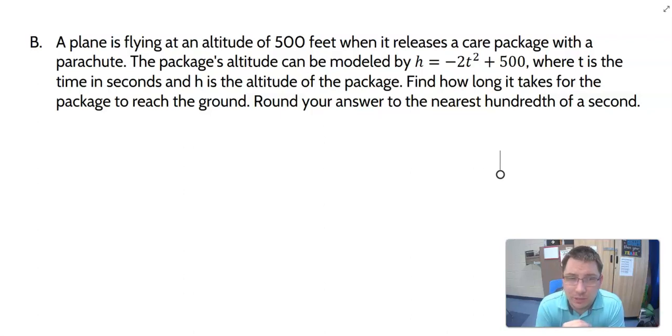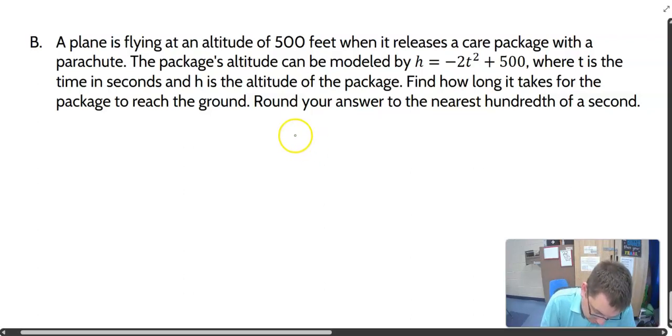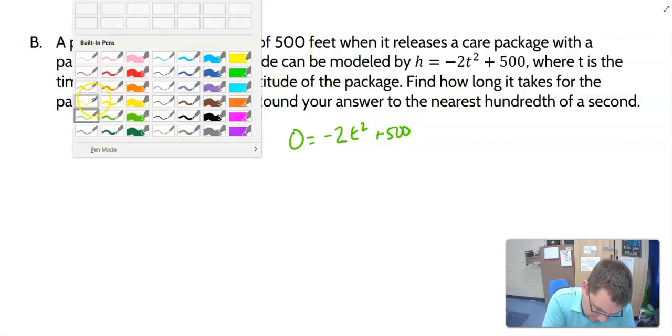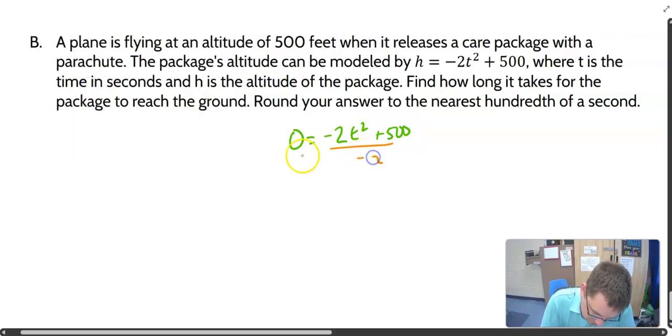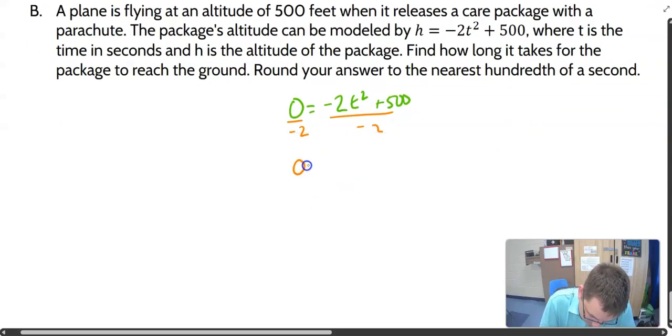And so we're looking for this when it hits the ground. So 0 is equal to negative 2t squared plus the 500. And so solving this one, we can divide everything first by the negative 2 to get rid of the common factor. And so 0 is equal to t squared minus 250.